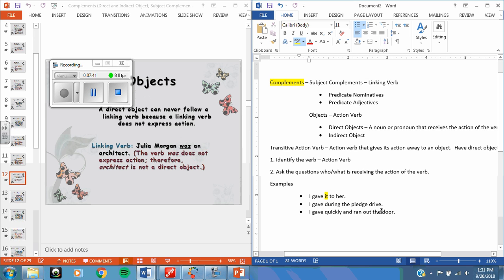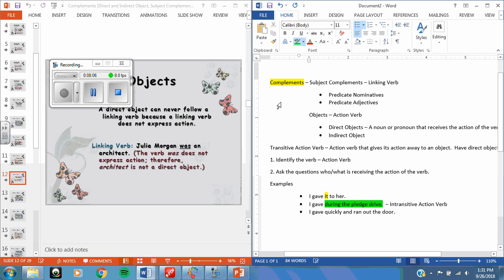I gave during the pledge drive. Who or what is being given? We do not know. So this is what we would call an intransitive action verb because it does not give its action away. There's a prepositional phrase after the verb.